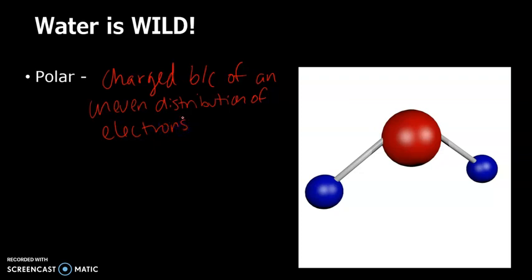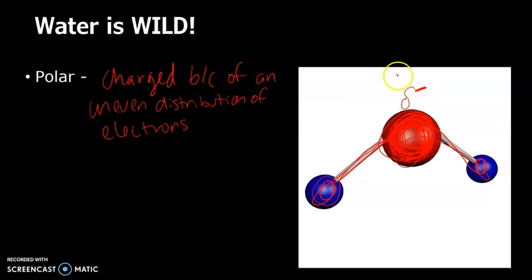So what this means is that as those electrons are swirling around in those different atoms, they're not spending time in the same places the same amount of time. So what happens is you end up with your electrons spending way more time hanging out in this oxygen. So you end up with a slightly negative charge here.